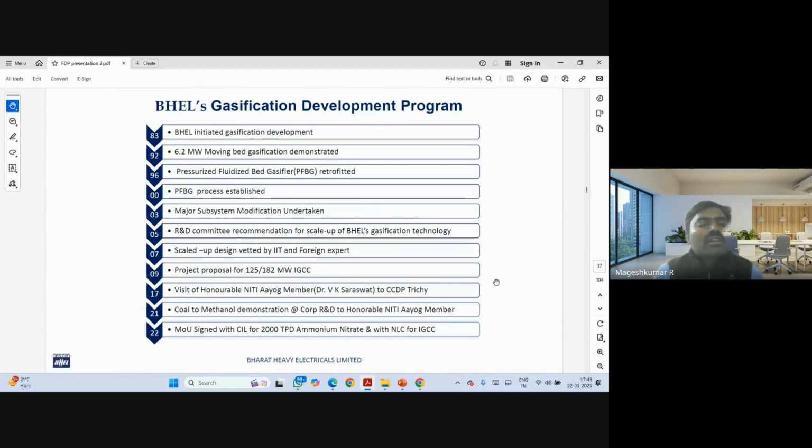Then in 2000, the pressurized fluidized bed gasifier process was established. In 2003, there was a major subsystem modification in the process.